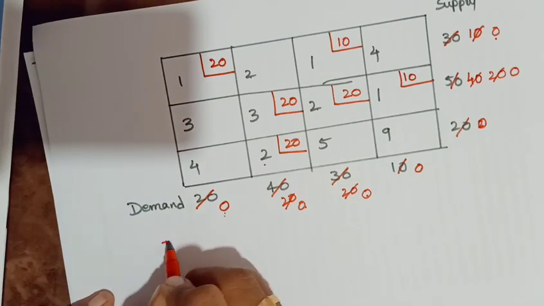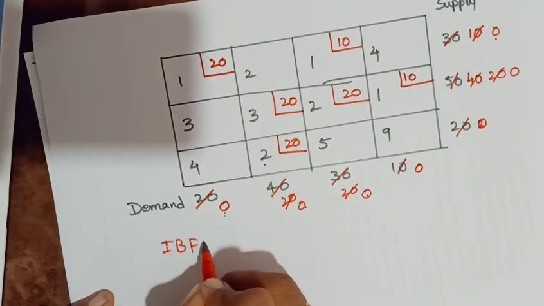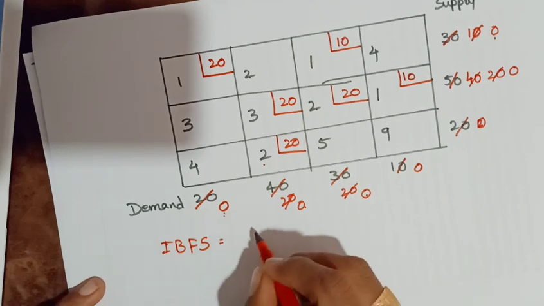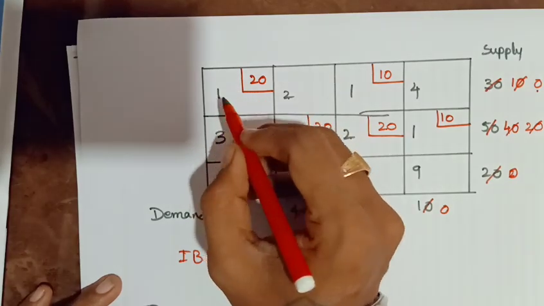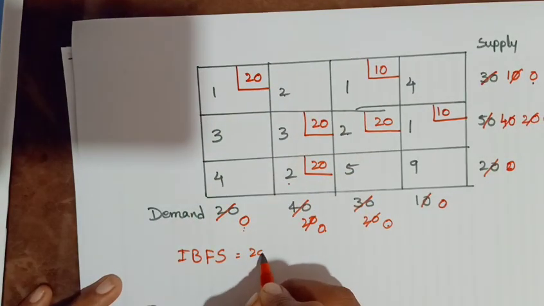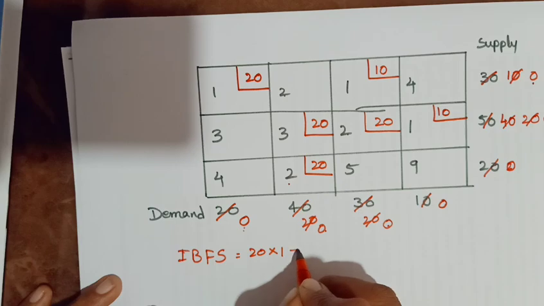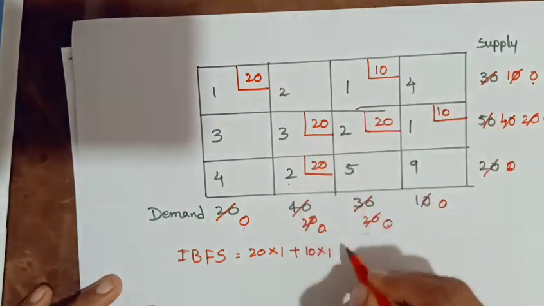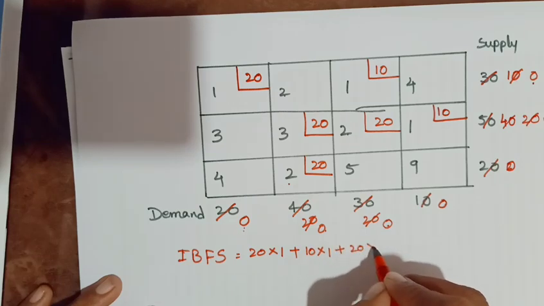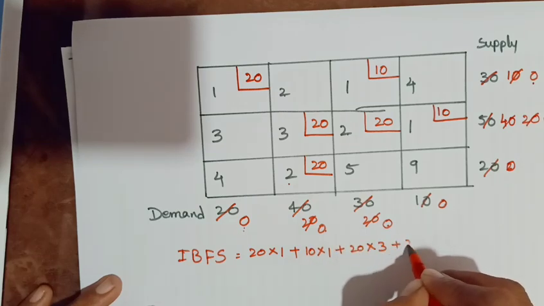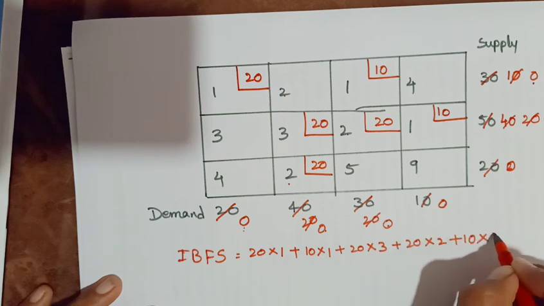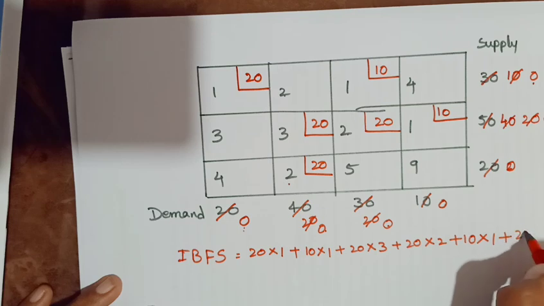The initial basic feasible solution can be calculated as 20 into 1 plus 10 into 1 plus 20 into 3 plus 20 into 2 plus 10 into 1 plus 20 into 2.